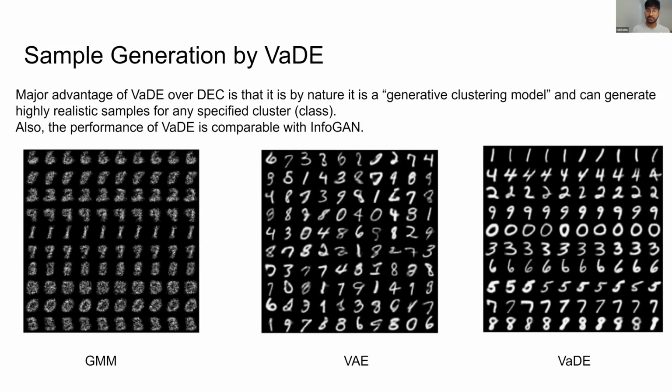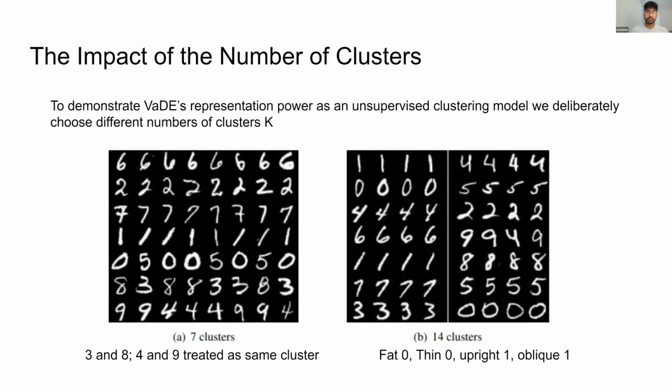They are scrambled, but the generation is perfect. When you come to VADE, it does the regeneration with highly realistic samples for any specified cluster. The clustering accuracy is also great, and the performance of VADE is comparable with InfoGAN, which gives a similar output. Can you move on to the next slide?